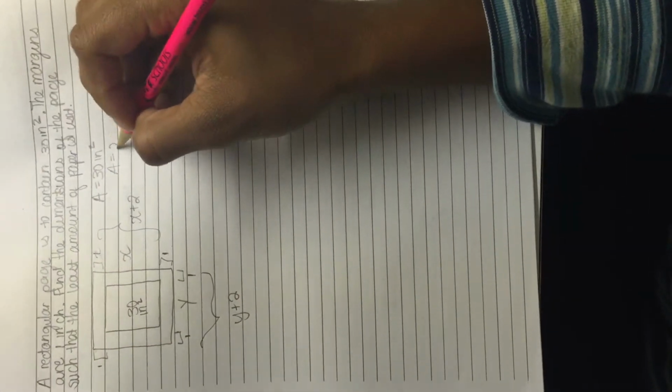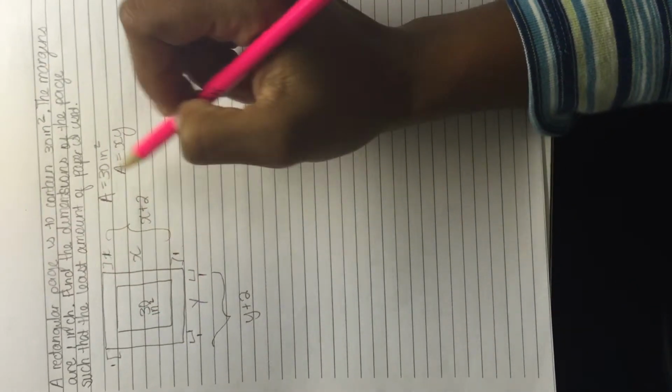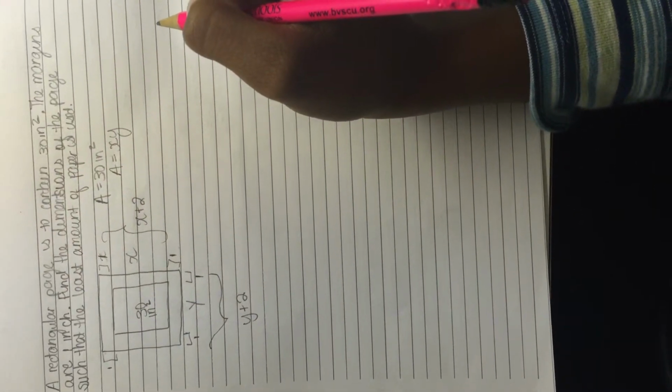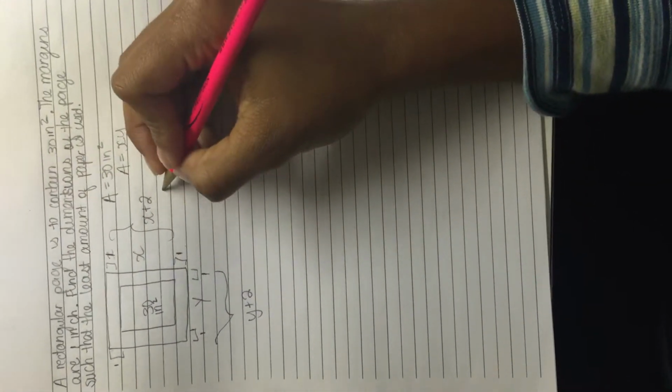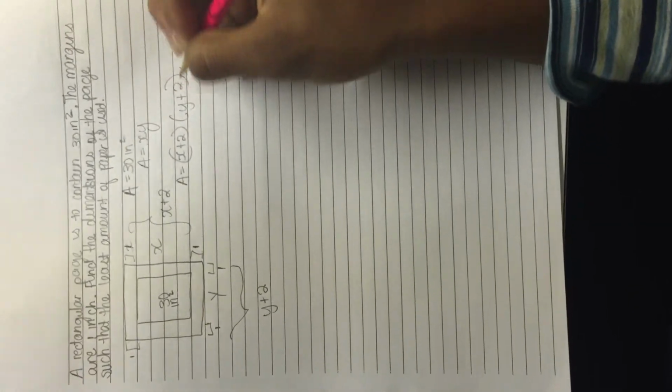So we know that the area of the print is equal to X times Y. We know that the area of the entire paper would be X plus 2, this one side, times Y plus 2.